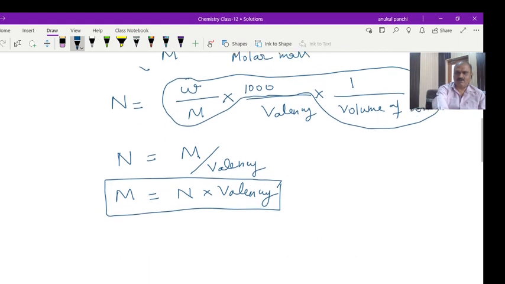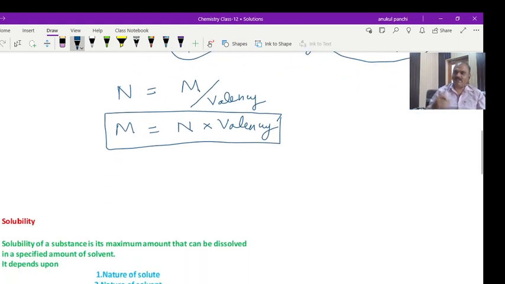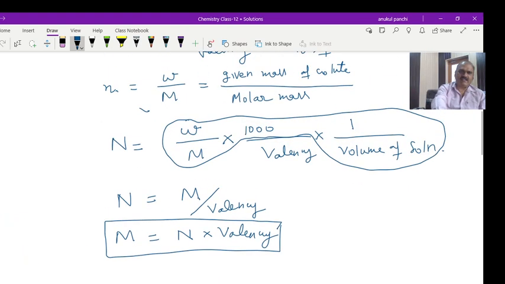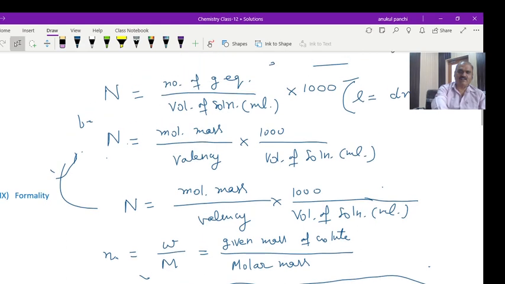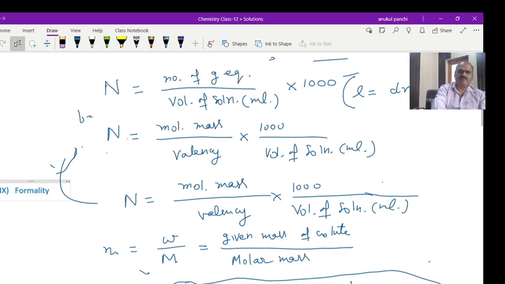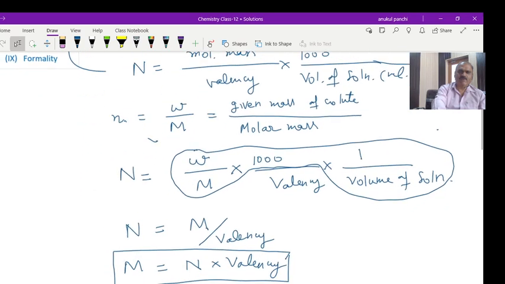Now you can solve the numericals in the previous practice problems which involve normality, equivalent weights and such things. Okay. So this was the eighth method of expressing concentration of solution, that is normality. Now one more term is there which is called formality.